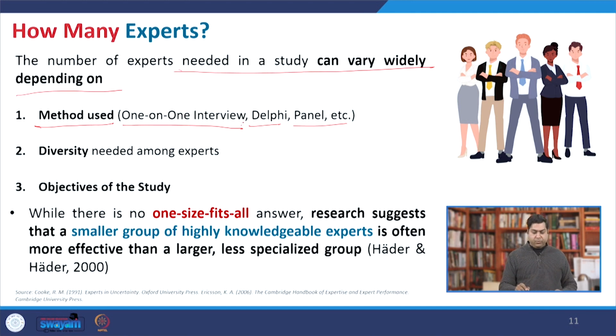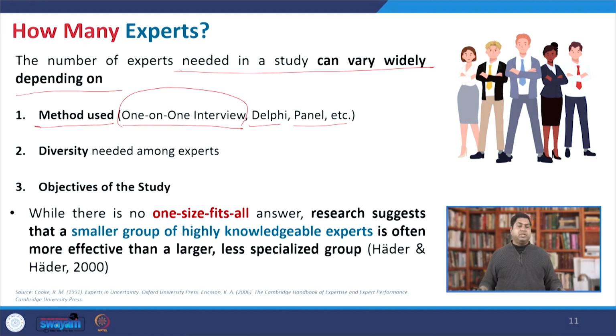Definitely when you go for one-to-one, you have the flexibility, you can increase the number of experts as long as their responses are consistent with the available tools or the statistical methods that you are applying, whether you are going for analytical hierarchy process or ANP or maybe the best first method. There are a number of methods available.